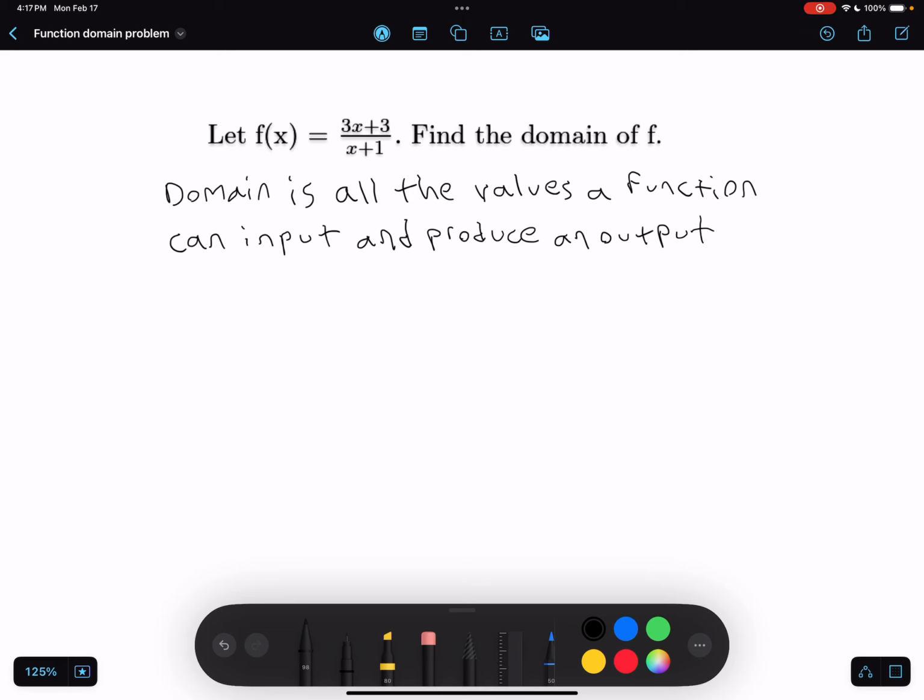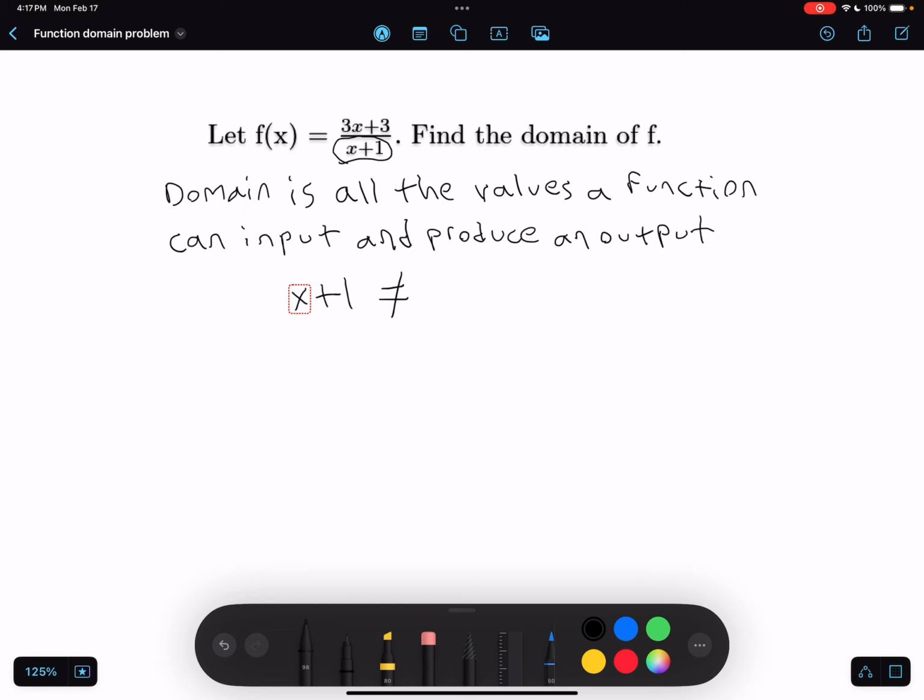What we need to do here is find out which values of x make the function undefined, so we can work from there. This is a fraction, so we know the x + 1 part in the denominator must not be equal to 0. That's something we know right away.